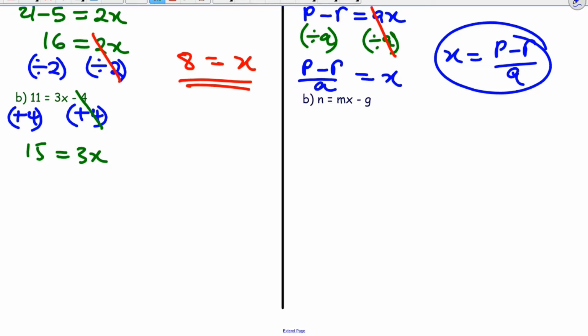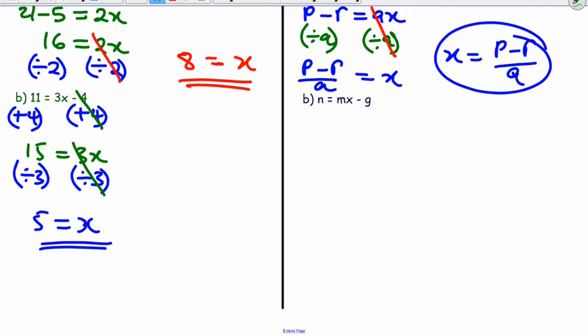And then the next step is dividing by 3 on each side. So divide by 3 here, divide by 3 there. So we know that 3 divided by 3 will be equal to 1. So we are left with 15 divided by 3, which is basically 5, and that 5 will be equal to x. So x is equal to 5. That's our solution.